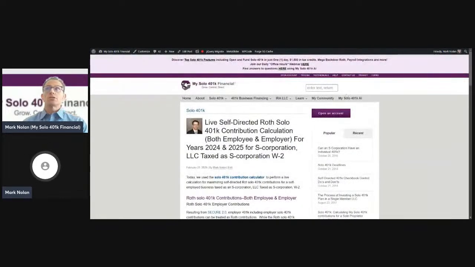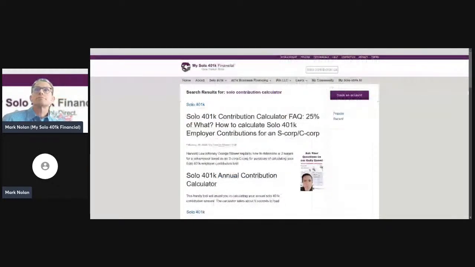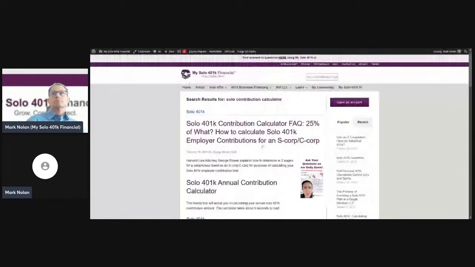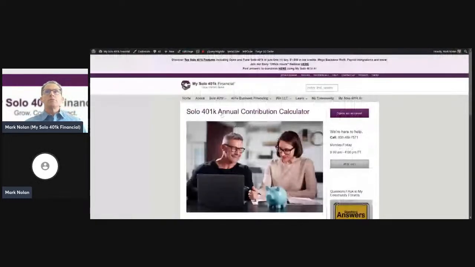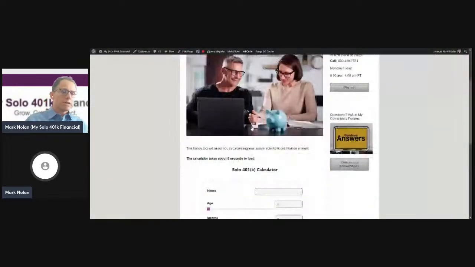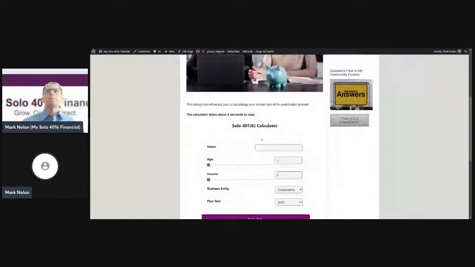I'm going to search our website for our handy Solo 401k contribution calculator. Okay, here's our Solo 401k annual contribution calculator. We're going to concentrate on tax year 2025.